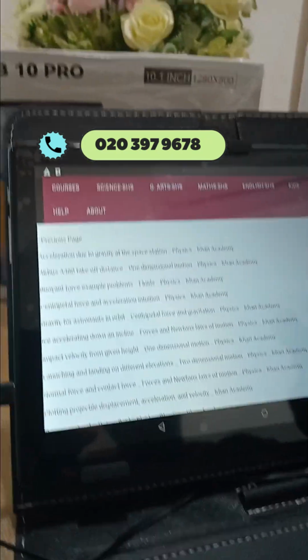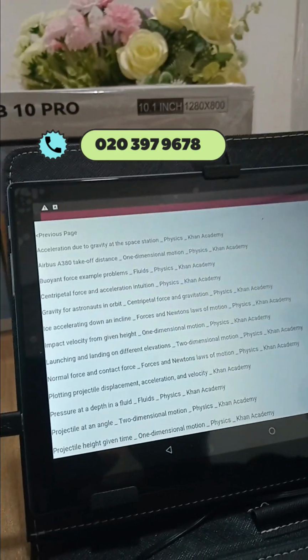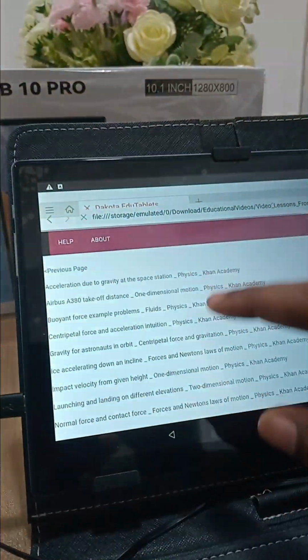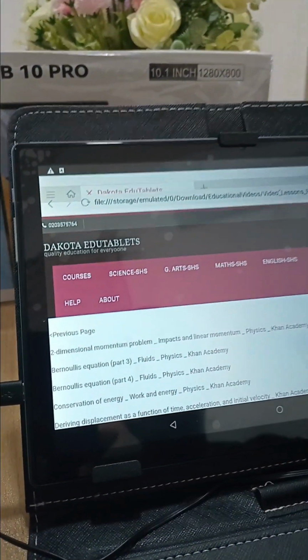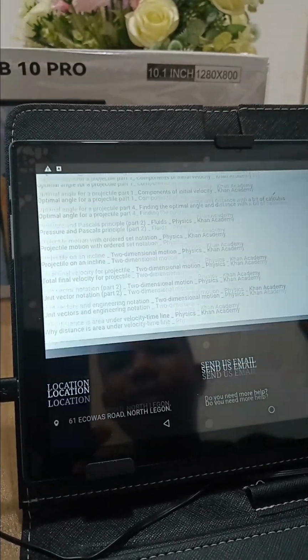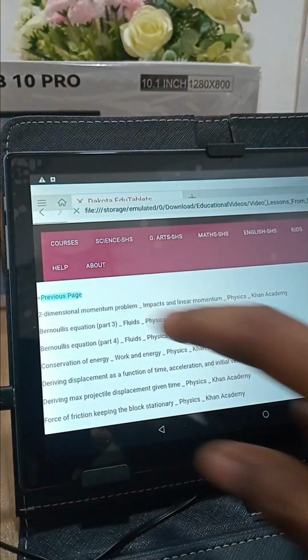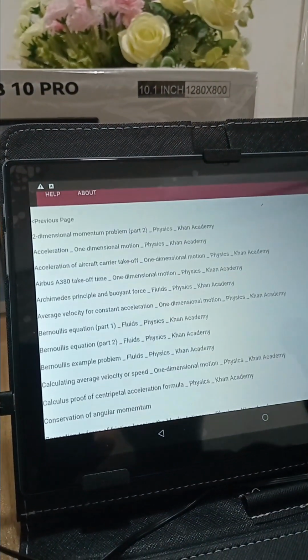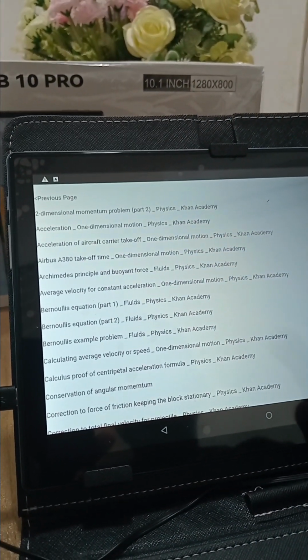We have the buoyant force examples, launching and landing on different elevation, all of them here. Part 2 has 2-dimensional momentum problem, introduction to gravity, all of them here. So you are covered if you are at the senior high school level.